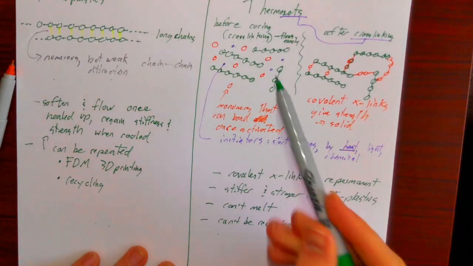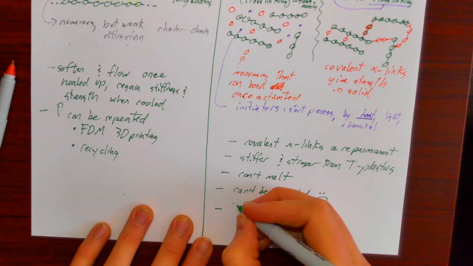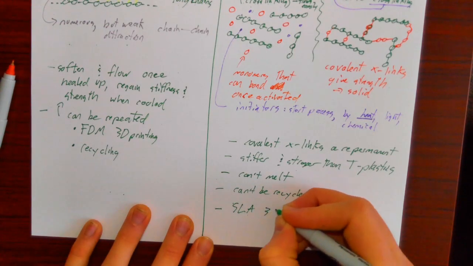So there are some types of 3D printing, for example, stereolithography, so SLA 3D printing.